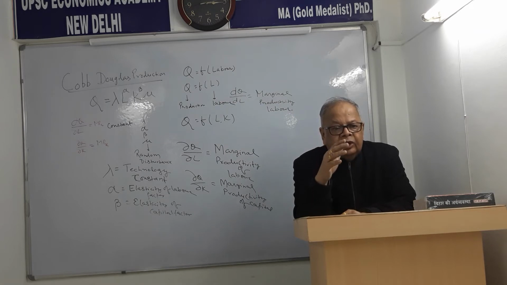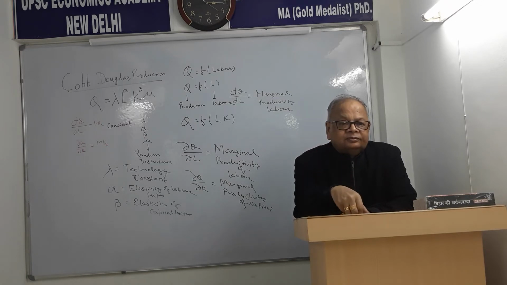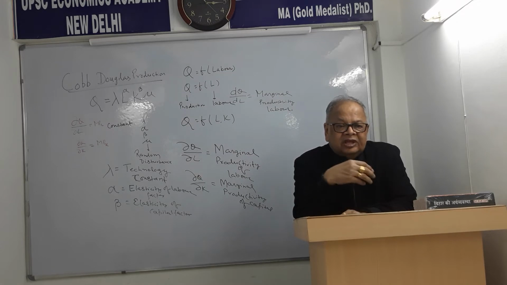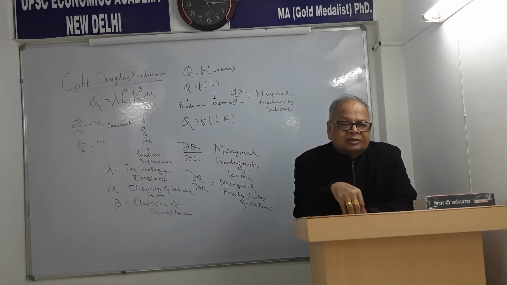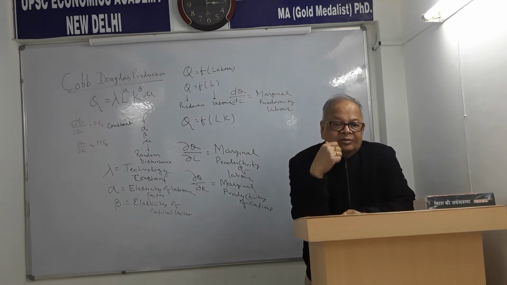What is laws of returns to a scale? Laws of returns to a scale tells us that all factors are variable. Nothing is constant in the long run. Long run means very long span of time.